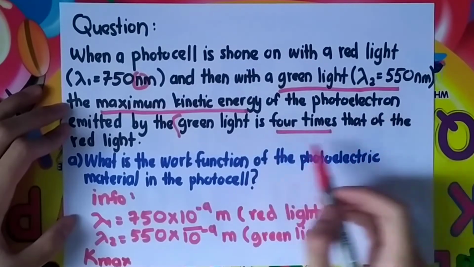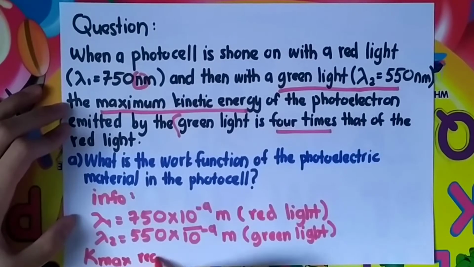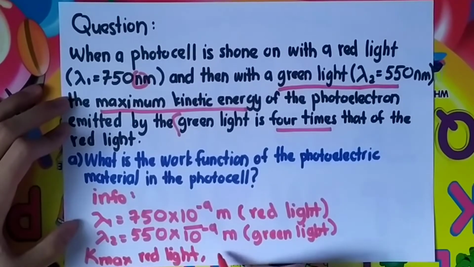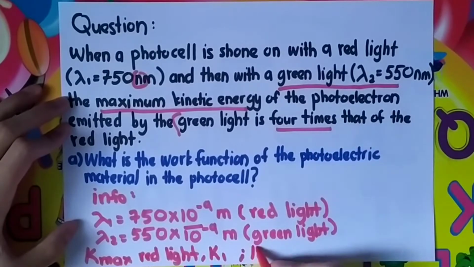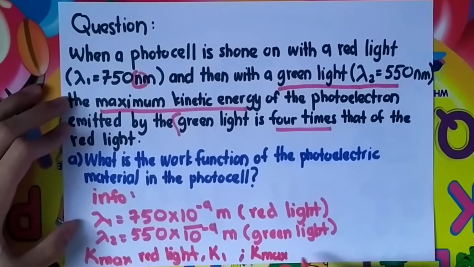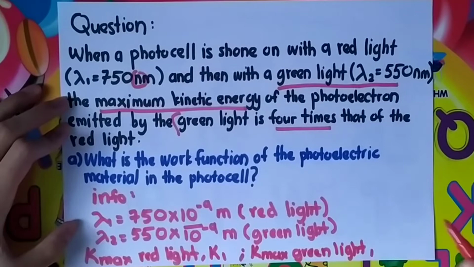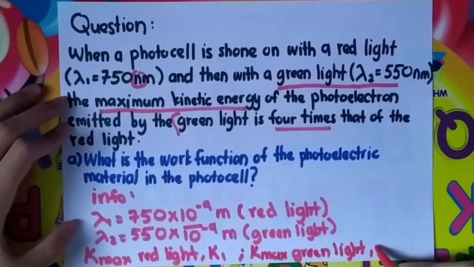Kmax for red light we write as K1, while Kmax for green light we write as K2 equal to 4K1.